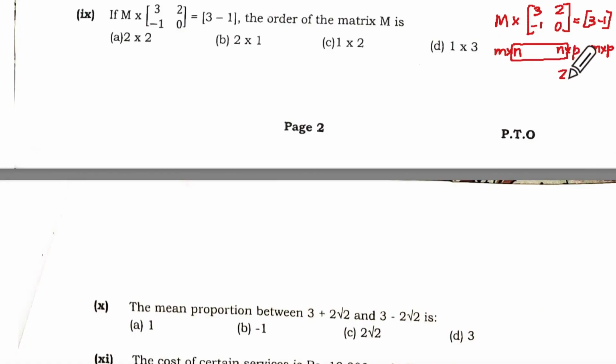So this is your 2 by 2 matrix. This is one row, so 1 into 2. So your M is equal to 1 and N is equal to 2. So M is 1 into 2. Where do you see 1 into 2? C.